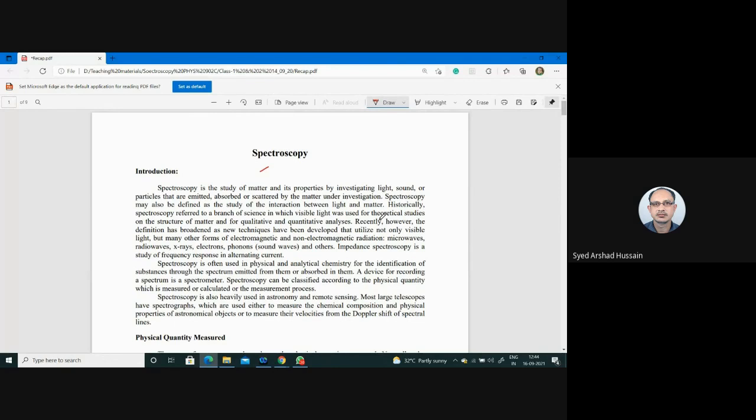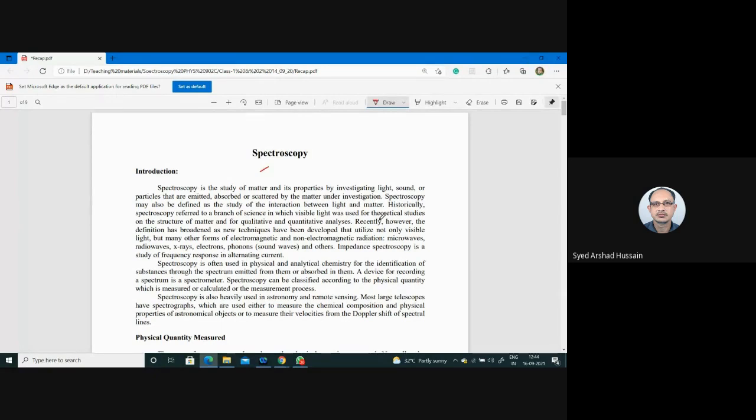This property allows the scientific community to use spectroscopy as a very important diagnostic tool.